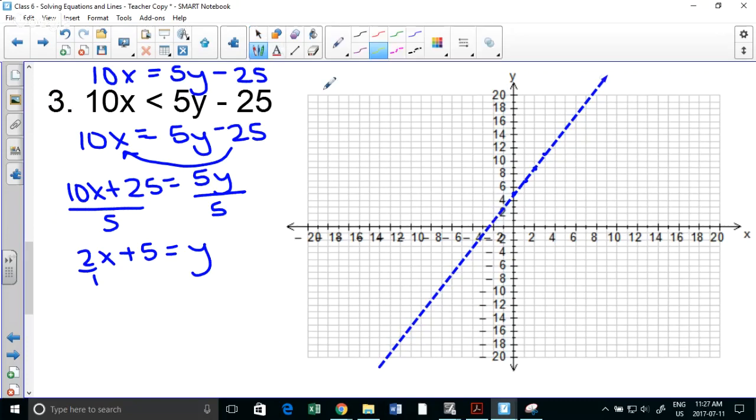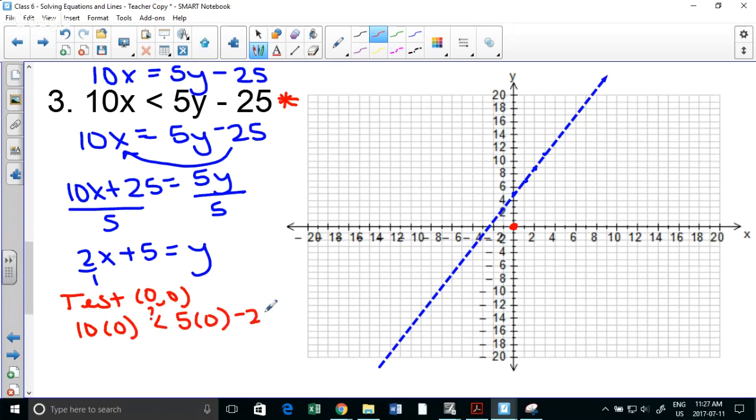Perfect. Now, 0, 0 is not on my line, so I'm going to test 0, 0. I am testing it in the original inequality. So 10 times 0, is this less than 5 times 0 minus 25?